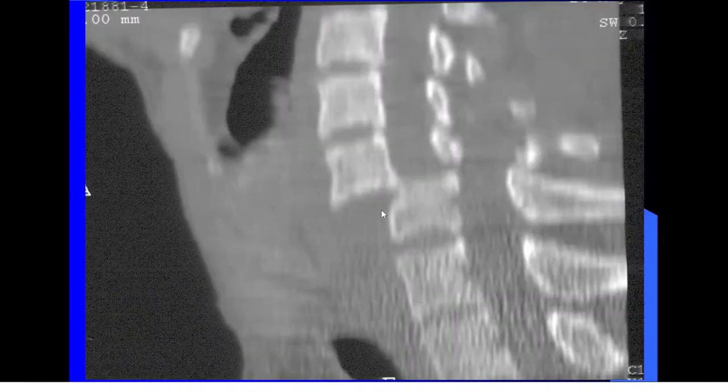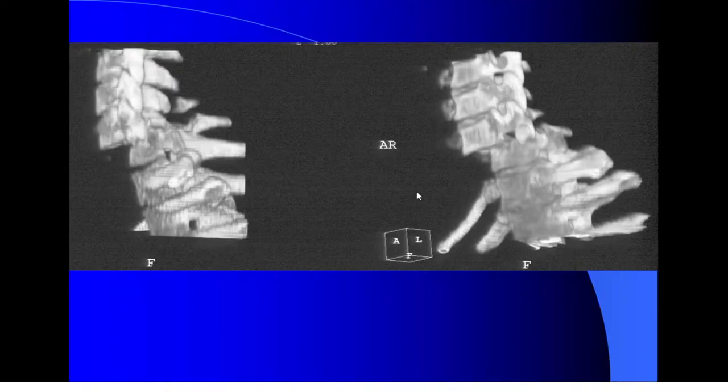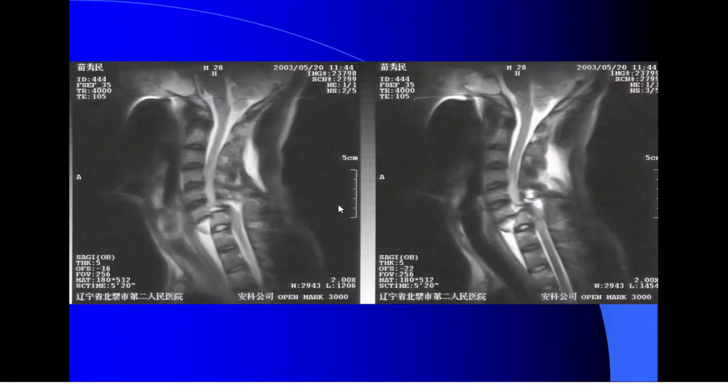And the last example, you see, is an injury where we have a complete displacement, a complete dislocation of the vertebra. So that is the vertebral body of the proximal part, and that is the vertebral body of the distal one. Here we have the spinal cord. You can imagine what happened to that spinal cord. It is completely damaged.